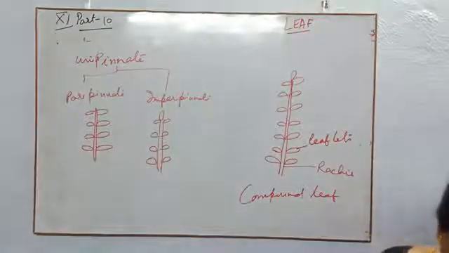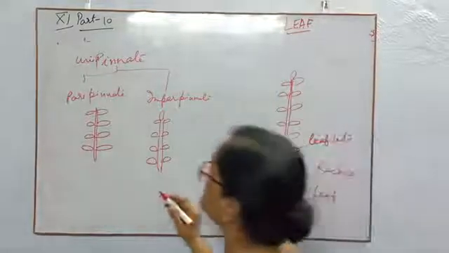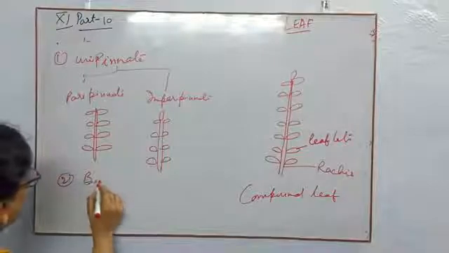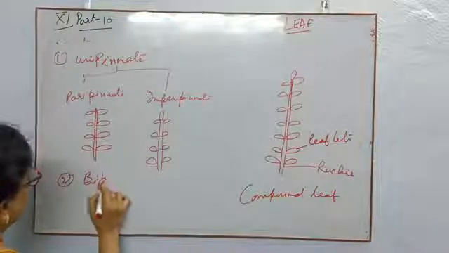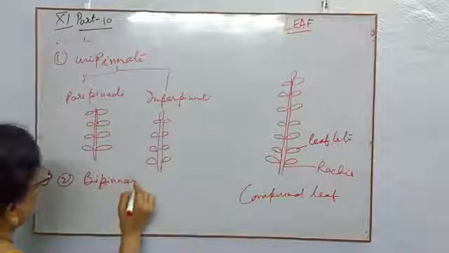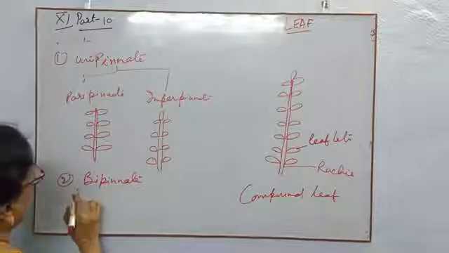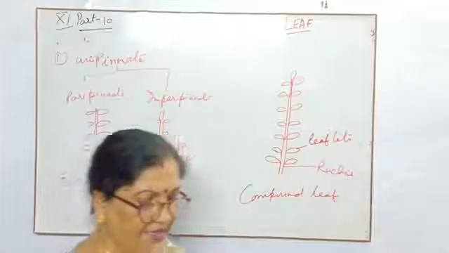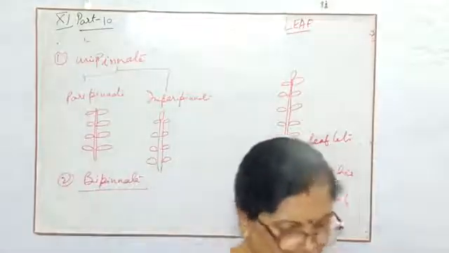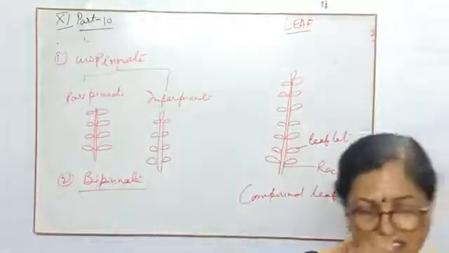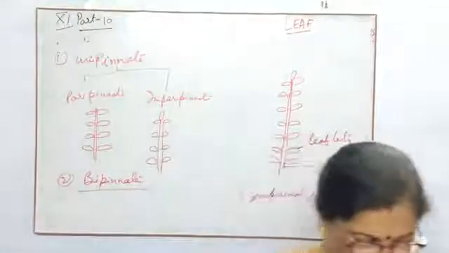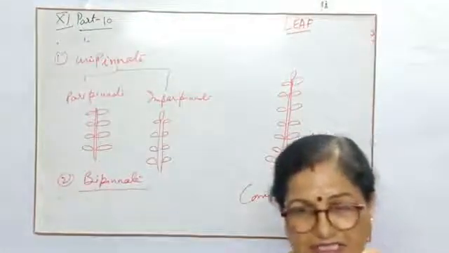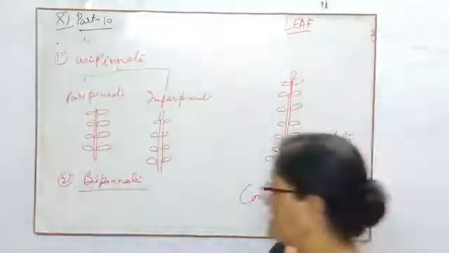Now children, after unipinnate, this is the first variety. Second is bipinnate. Now, as the name suggests, bipinnate. If the unipinnate has one rachis and all the leaflets are arranged on that same rachis, bipinnate means all the leaflets are arranged on the second part of the rachis.